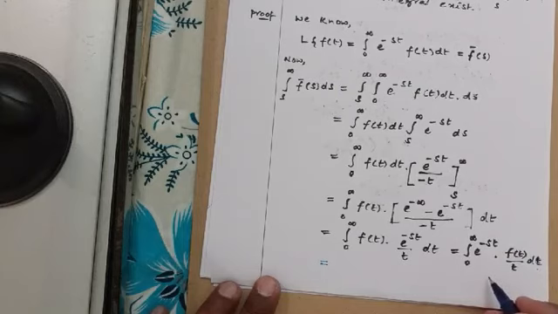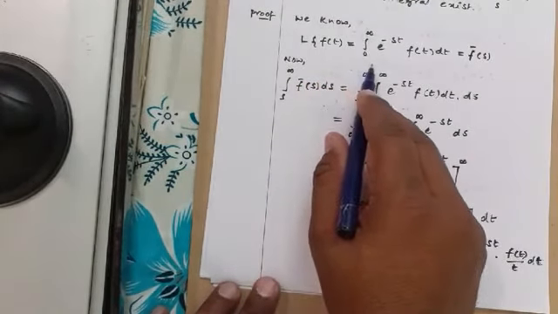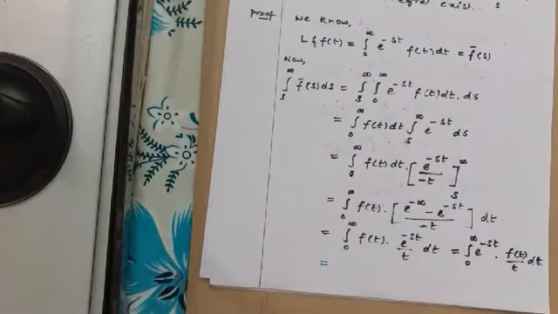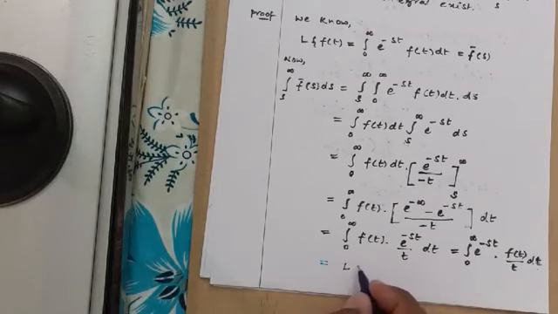Now when you recall this formula, Laplace of f of t is equal to integral 0 to infinity e power minus st f of t dt, which is equal to f bar s. So here in the place of f of t you have f of t by t. So I can write from this as Laplace of f of t upon t.